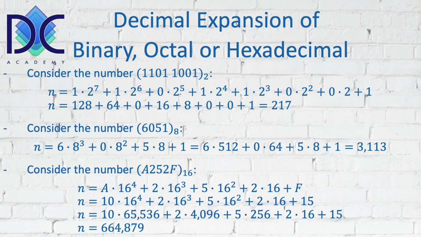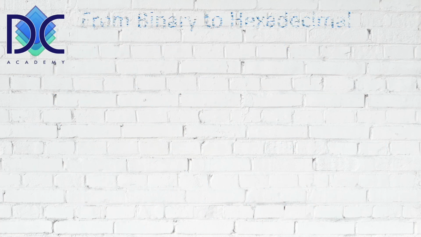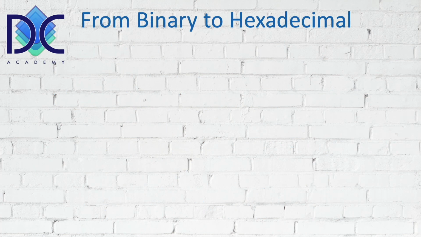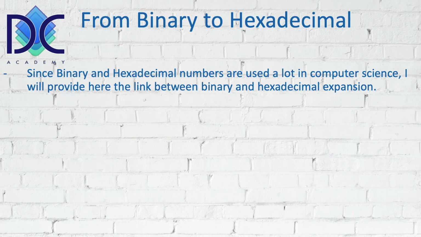So now when we look at the different elements, we can look at the expansion from binary to hexadecimal. We use them a lot, so we have a lot of examples where we have binary numbers or hexadecimal numbers.